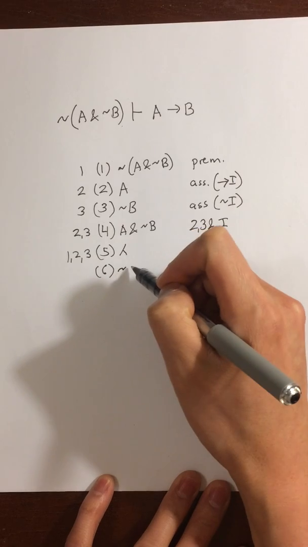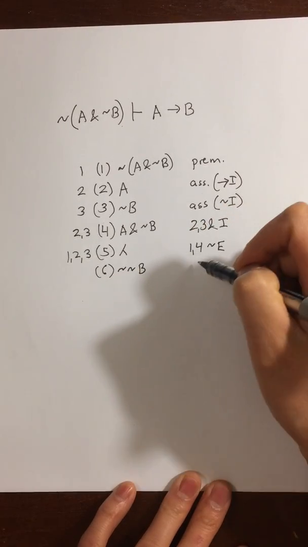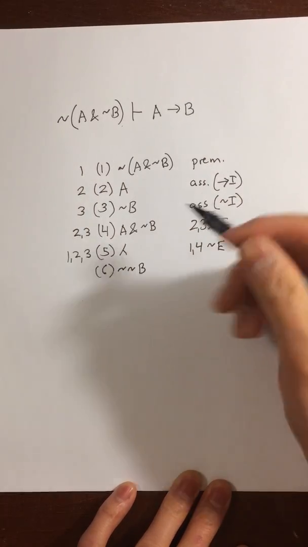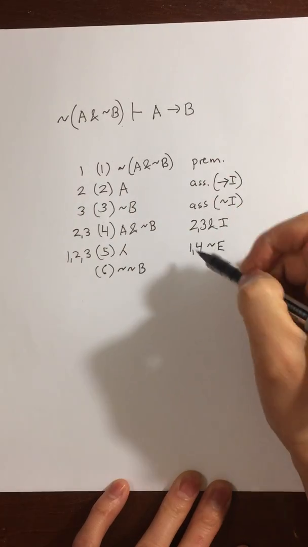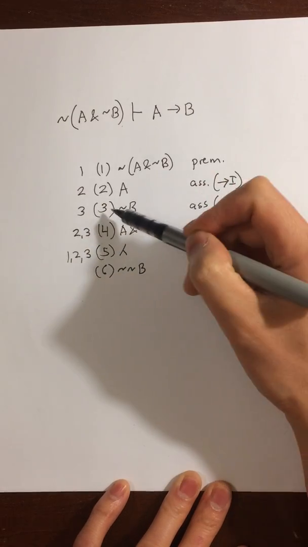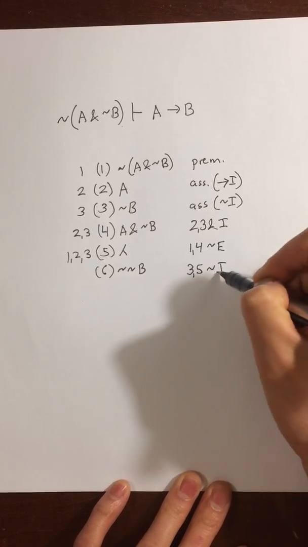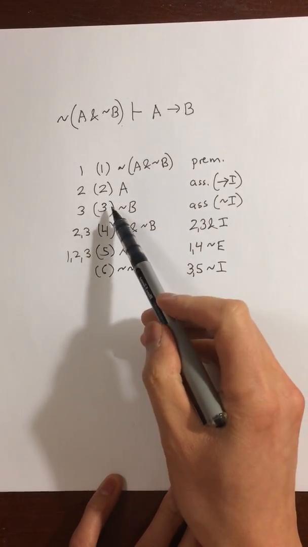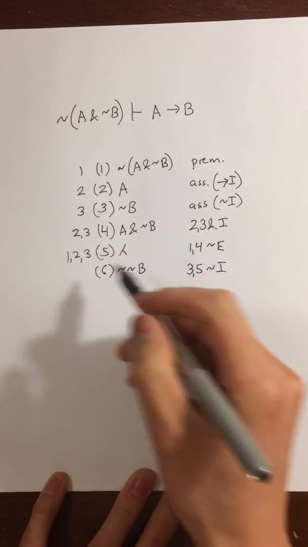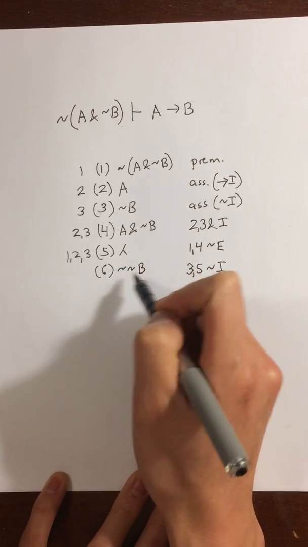And so we're going to negate what's already negated. We always have to add a negation. We never remove negations, except we remove 2 negations, as you'll see right now. So here from 3 and 5, we're going to use negation introduction, 3 and 5, negation introduction, and then produce not not B.